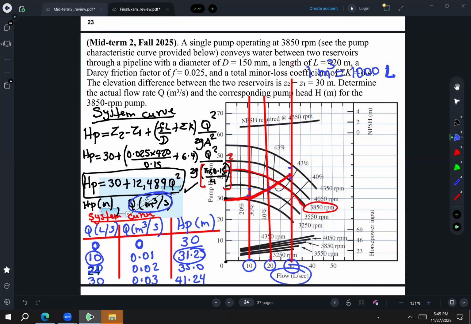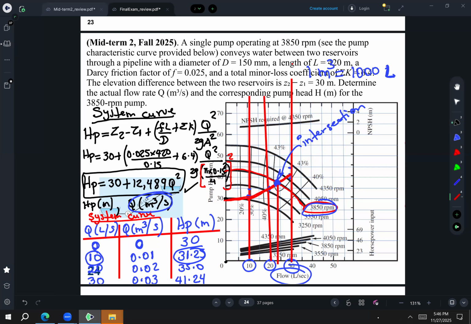The intersection of the pump curve, which is this one, with this one will give me this point. That is the intersection. Then I can read the flow discharge and the pump head from this curve. The flow discharge is about this value.